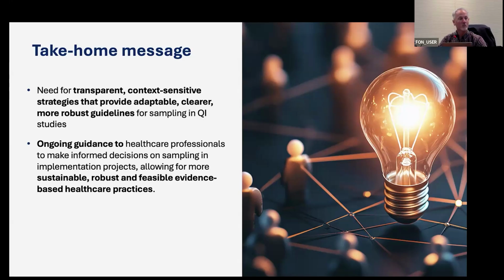Personally, I'm waiting for the day that implementation and QI is the same, where somebody can read an implementation report from Thailand, but they work in Cleveland, Ohio, or they work in Melbourne, Australia, and they can say, I want to do medication safety improvement, and this is a really good project report. I could repeat this project.